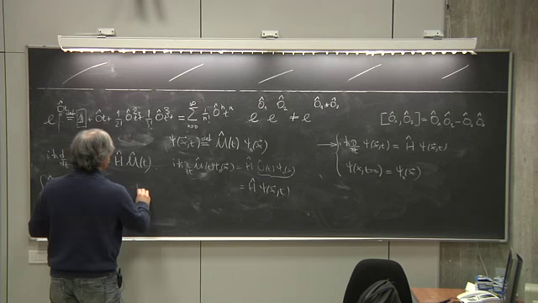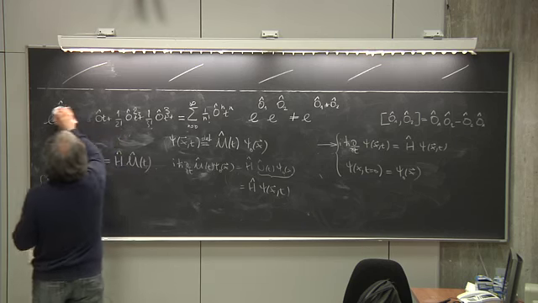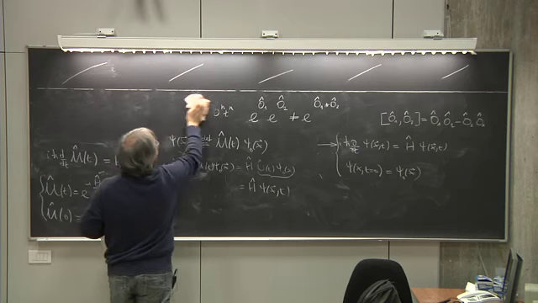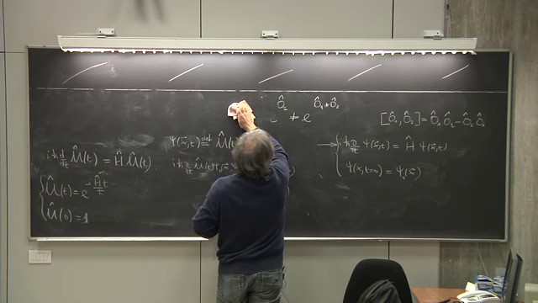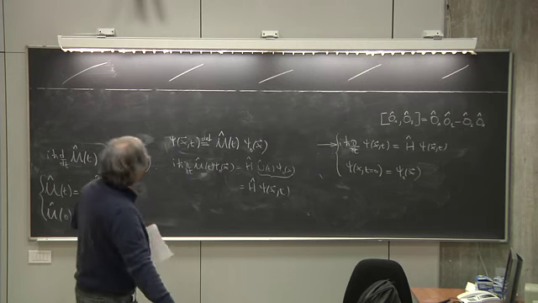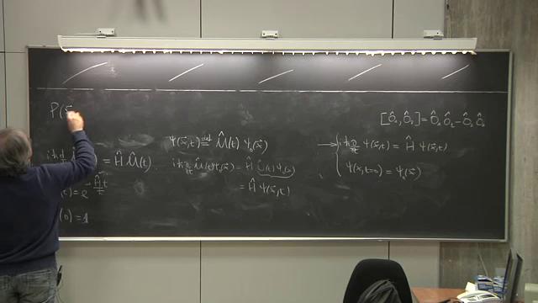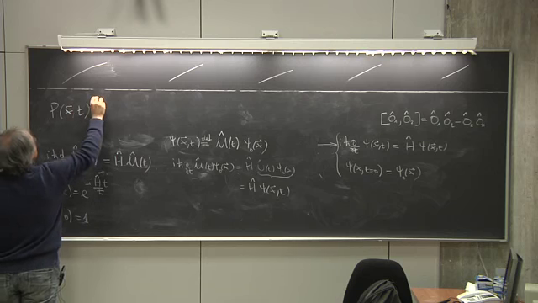So the question I'm asking is, the probability of having an electron, a particle, somewhere in X at time t, how much is it?